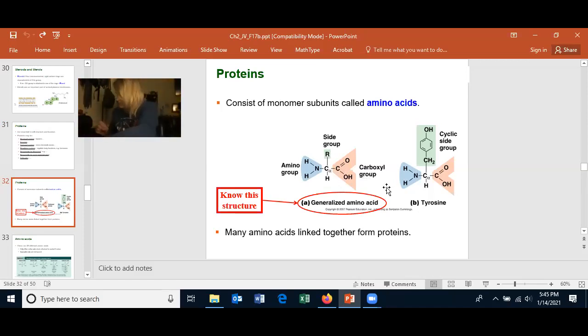And humans have 20 different amino acids, so we have 20 different R groups. And here is 1 R group here. You don't need to memorize that tyrosine has this function here, but you should realize that all amino acids have an amino group and a carboxyl group. You should memorize that.